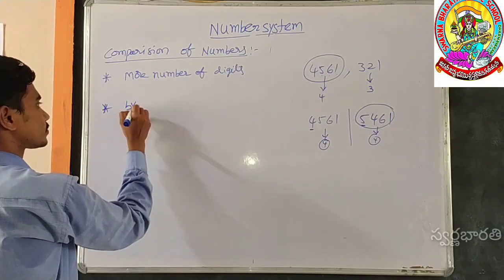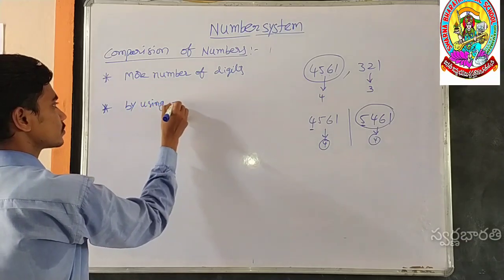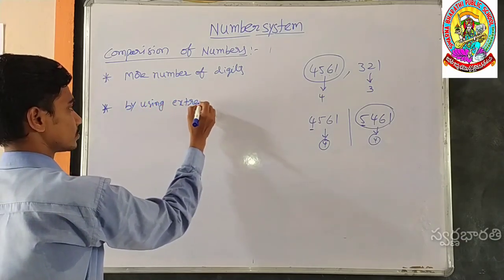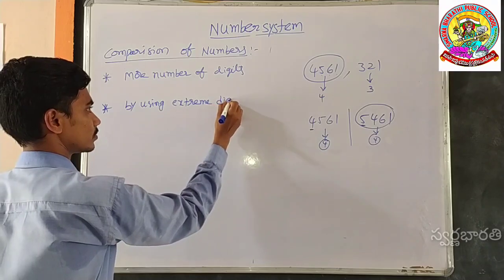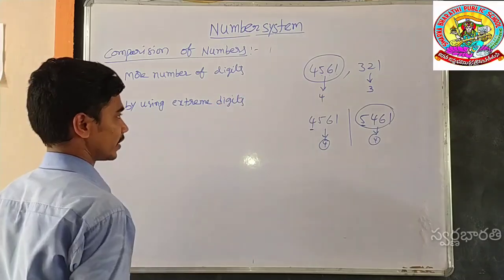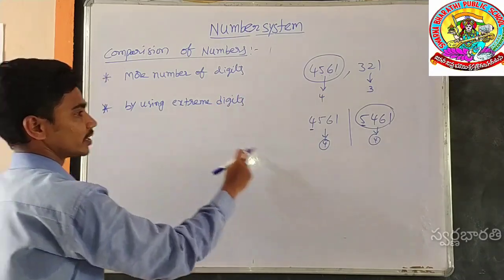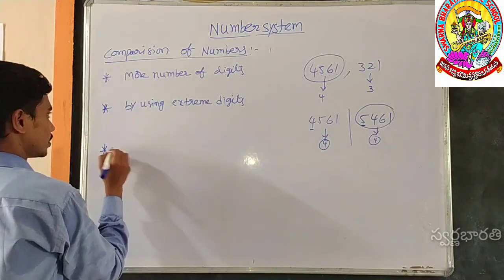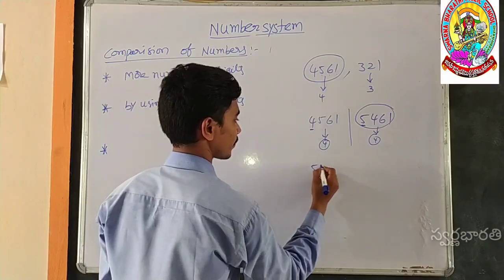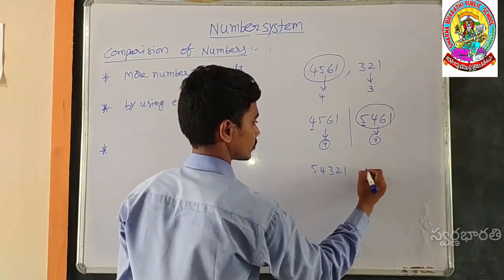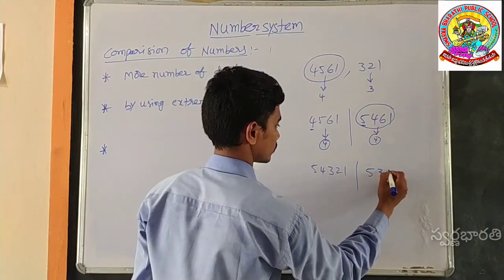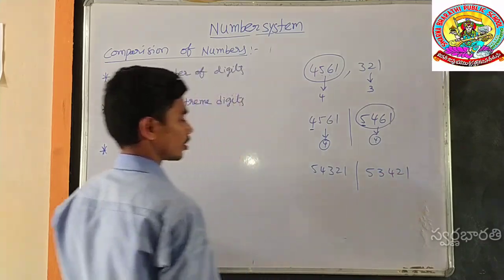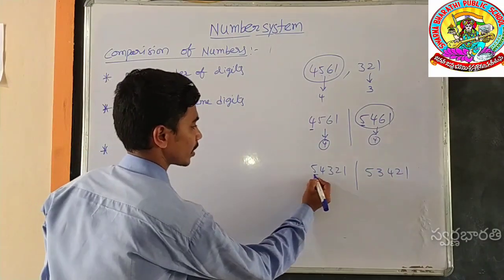When will we use extreme digits? If the number of digits is the same. Next concept: if the number of digits is the same, and the extreme ends are also the same.